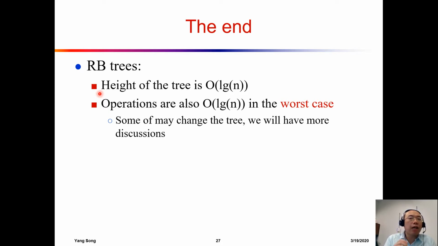If we have a binary search tree with a height guaranteed to be O(log n), then a lot of operations can be done in O(log n) time, and this is what we love. Even in the worst case, those operations can be done in O(log n) time. And remember, some of them may change the tree, and then we have to fix the tree. However, it's guaranteed they can be done in O(log n) time.